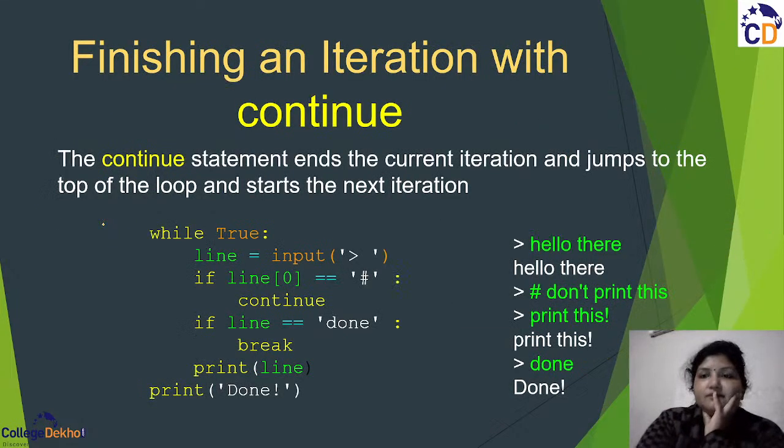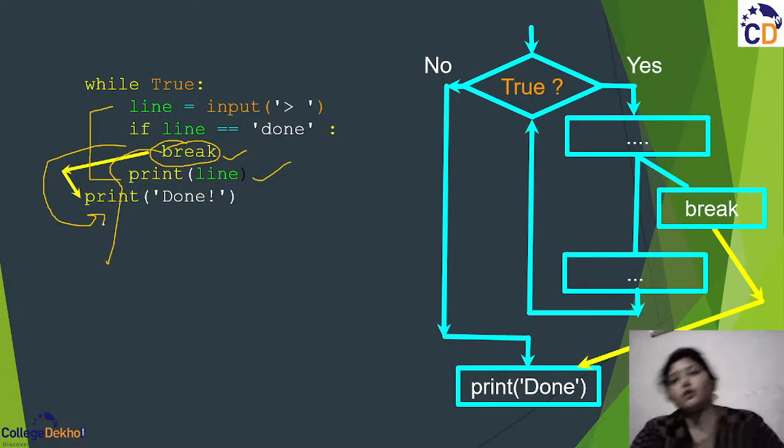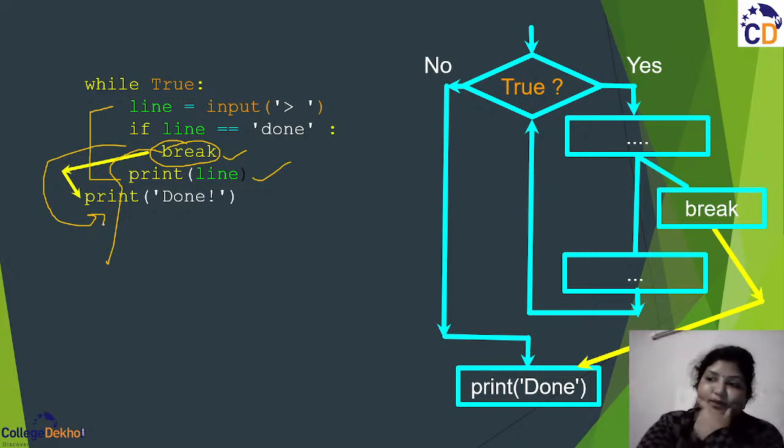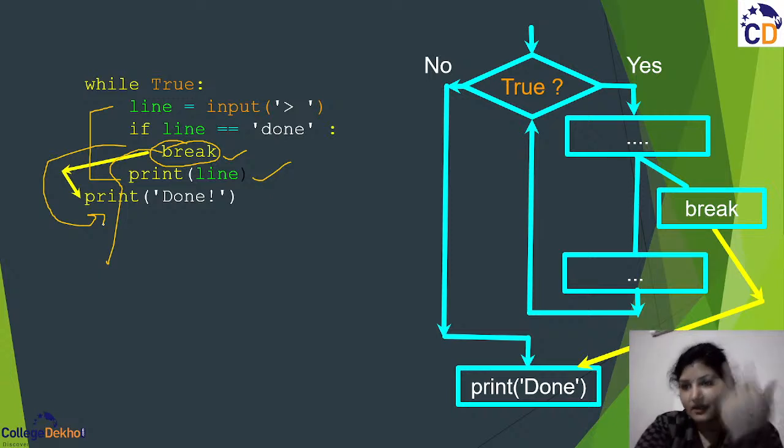Now let us see finishing an iteration with continue. Sometimes we may face a difficulty, we have to continue with the iterations. Like in the previous part, we need to come out, right? Sometimes we want to continue that loop rather than coming out.